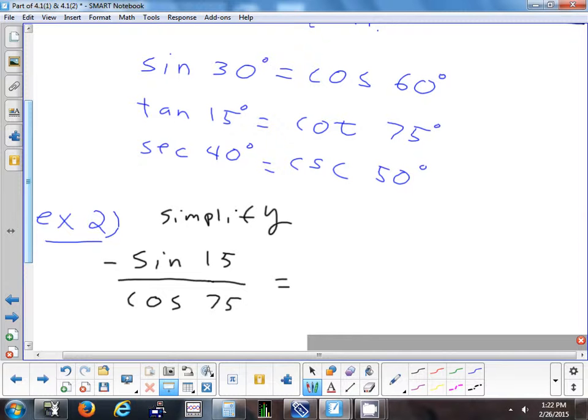What do those two numbers add up to? 90, so they're complementary. So we've got cofunctions of complementary angles. Now, I have no idea what the top is. The sine of 15, honestly, I don't know what the sine of 15 is. But I don't know the cosine of 75 either. But what do we know about the top and the bottom? They equal each other. That's the whole key.